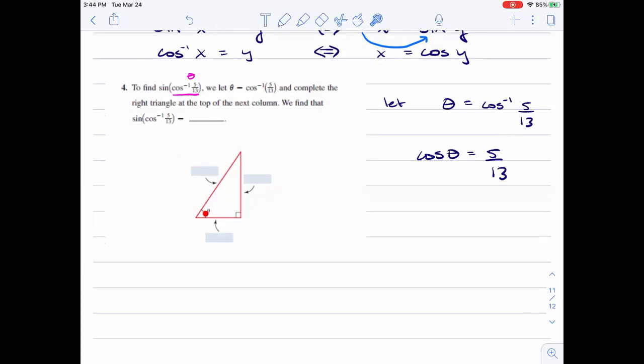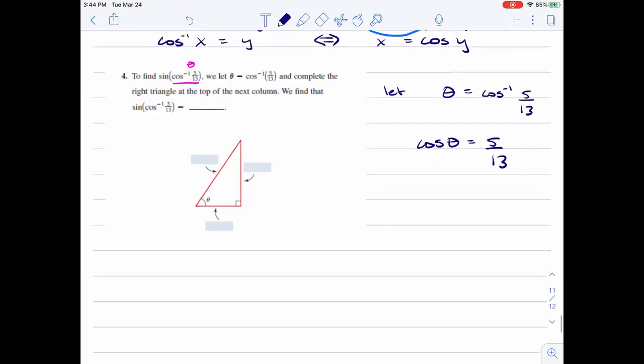So cosine is adjacent over hypotenuse, so that means I've got 5 and 13 here, right? And then I can use a squared plus b squared equals c squared to solve for that last one.